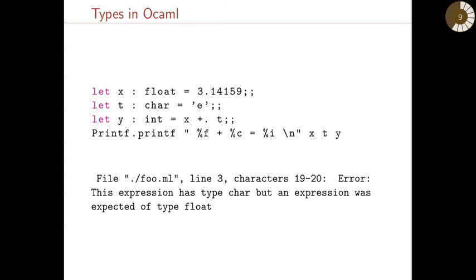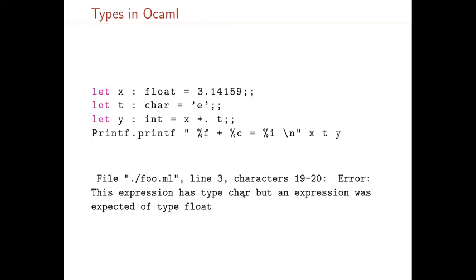Okay, here's the result when we try to compile this program or input it in an OCaml interpreter. We get an error in line number 3, which is the line where y is declared and defined. It says this expression has type character, so this refers to characters 19 to 20, which is about here where this t occurs.